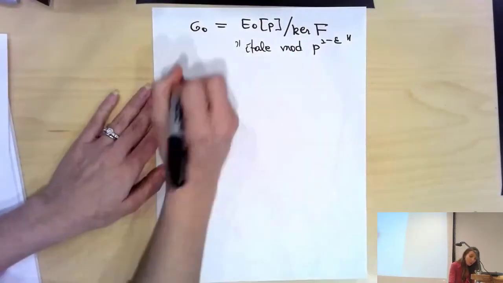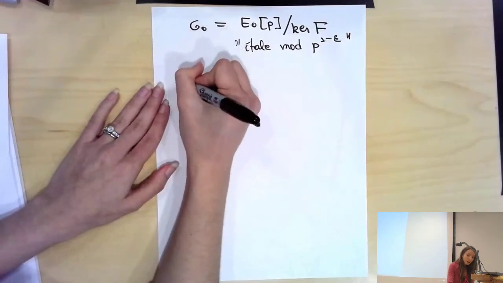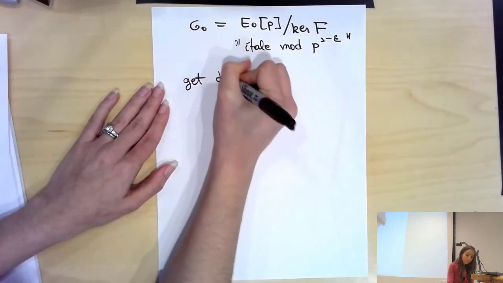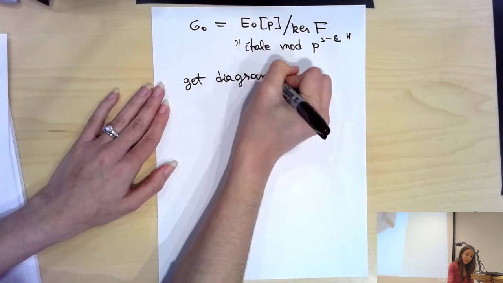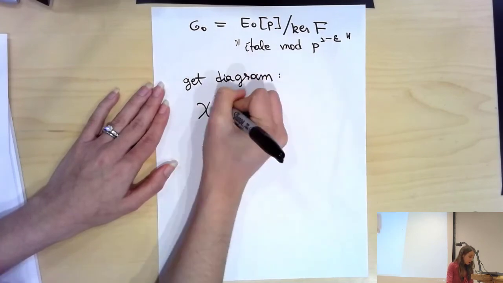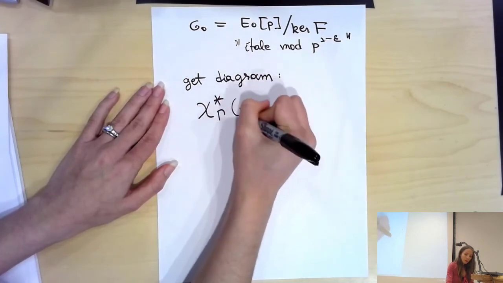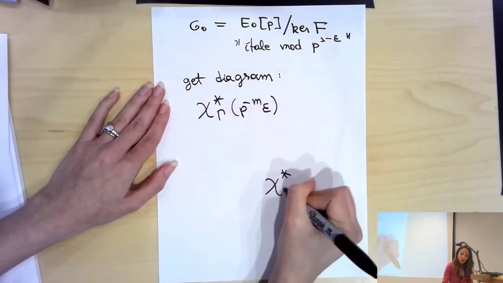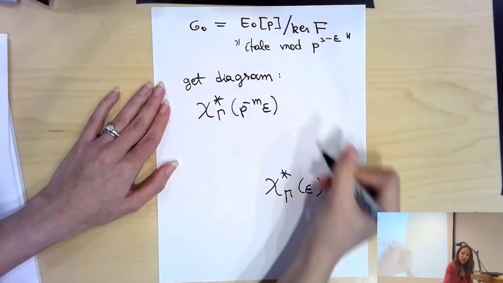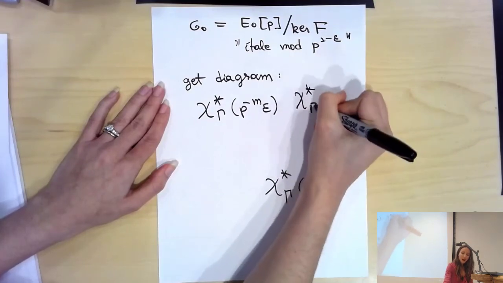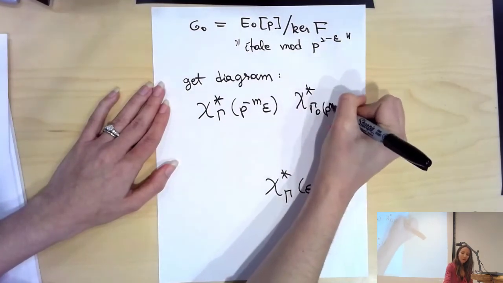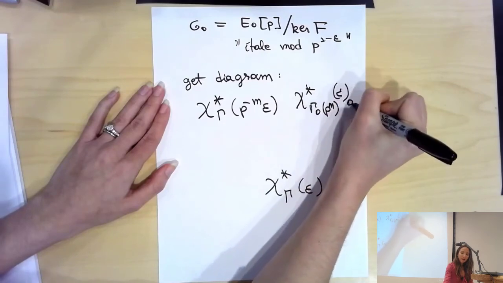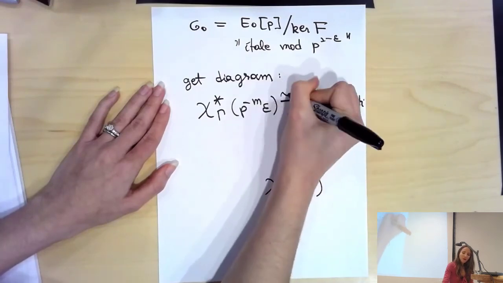But the upshot here is that you get a diagram: x star gamma p to the minus m epsilon, x star gamma epsilon, and x star gamma naught p to the m epsilon and t, where you have an isomorphism.